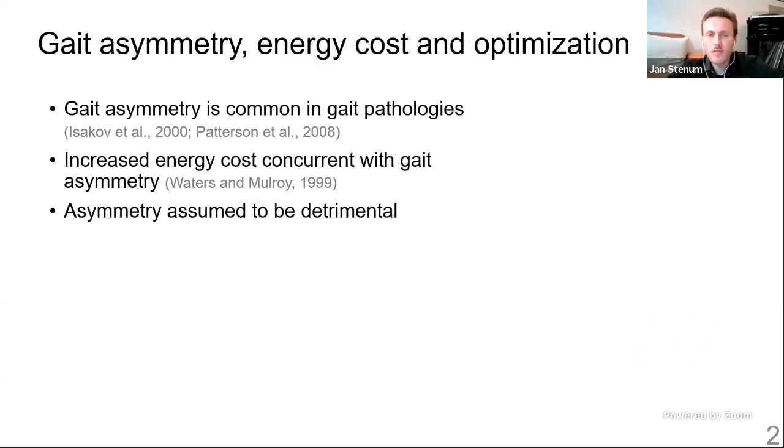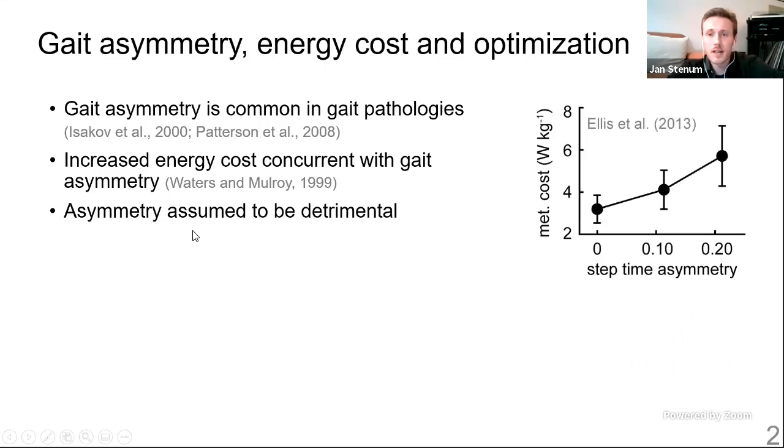So asymmetry is often assumed to be detrimental in part because of these expected relationships between gait asymmetry and energy cost. The cost of asymmetry has been demonstrated in healthy people instructed to walk asymmetrically. And this study here nicely showed that there's a cost of asymmetry in healthy people.